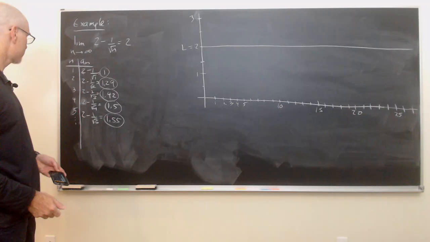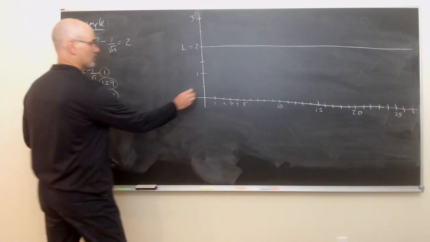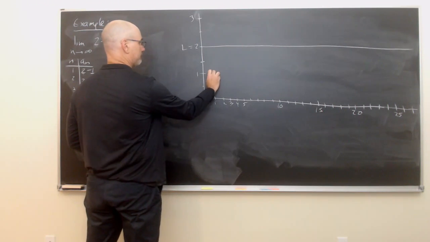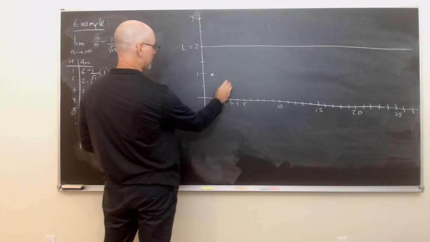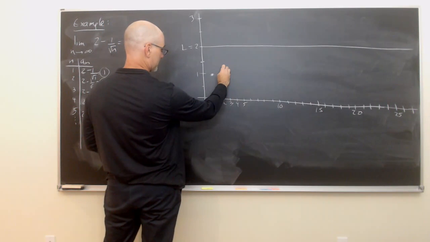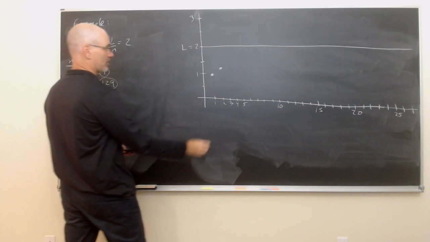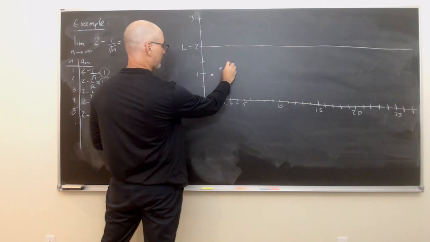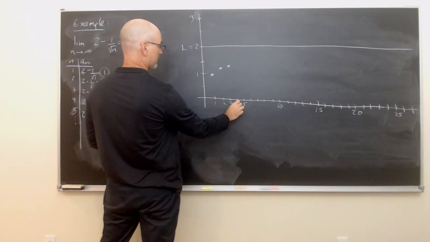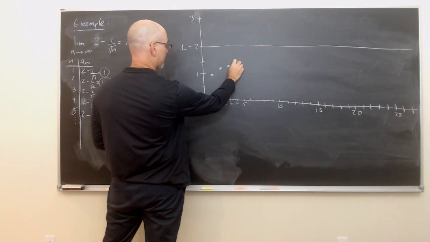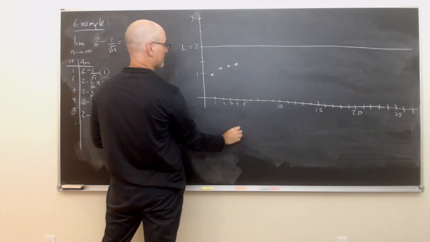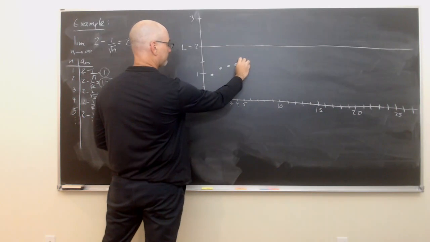So the first few terms of the sequence look like 1, then for n equals 2 about 1.29, 3 about 1.42, 4 is 1.5, 5 a little bigger.